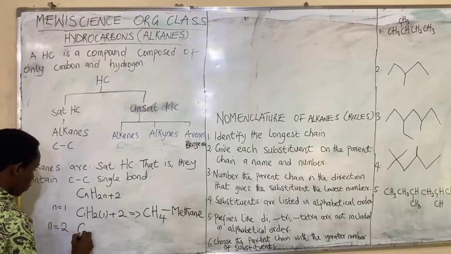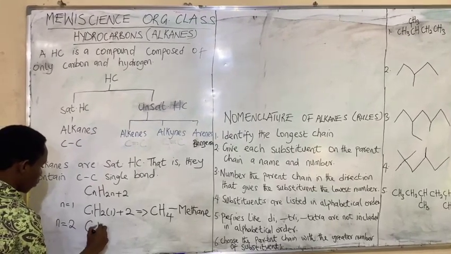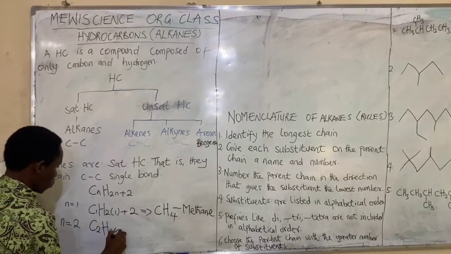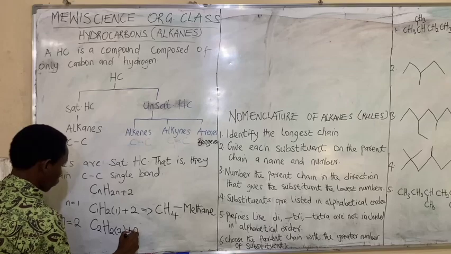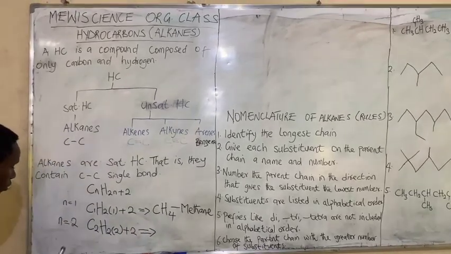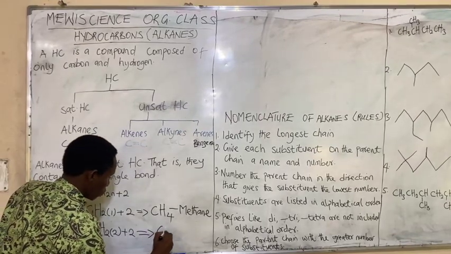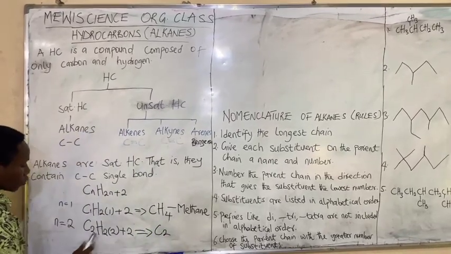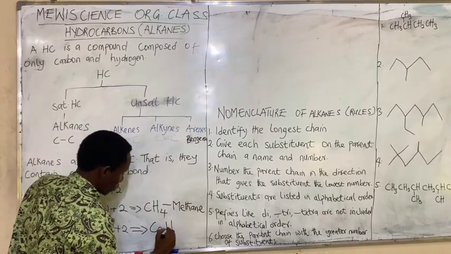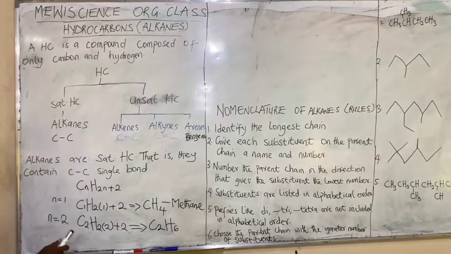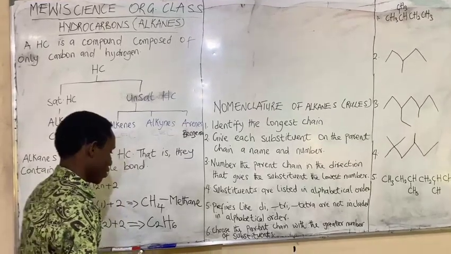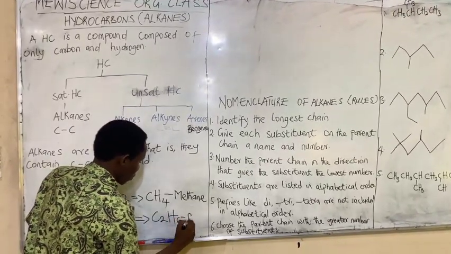So we have C2, and hydrogen 2 times 2 plus 2. 2 times 2 is 4, plus 2 gives 6. We have 6 hydrogens, so this is C2H6. This is the second alkane. And what is the name of this alkane? Guess what? The name is ethane.